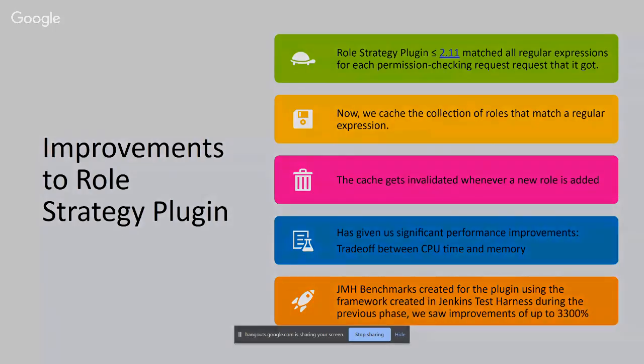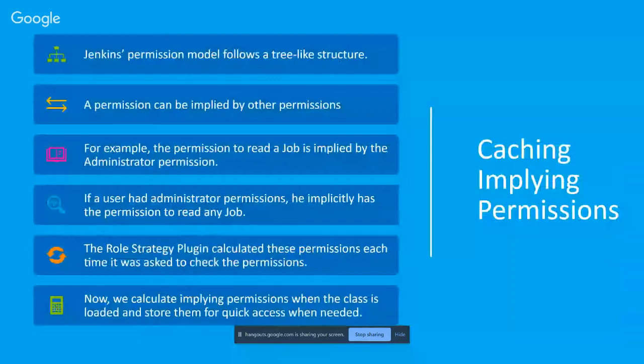Now, another thing that we've done is we cache the implying permissions. So the Jenkins permission model follows a tree-like structure, so each permission can be implied by other permissions. For example, if a permission to read a job is implied by the administrator permission, the administrator implicitly has the access to read any job.